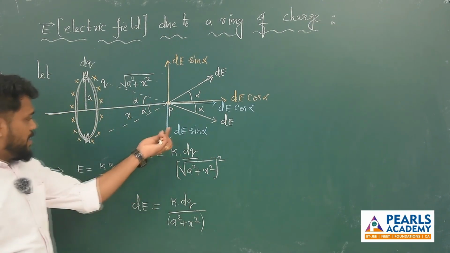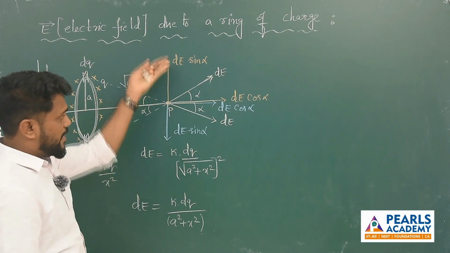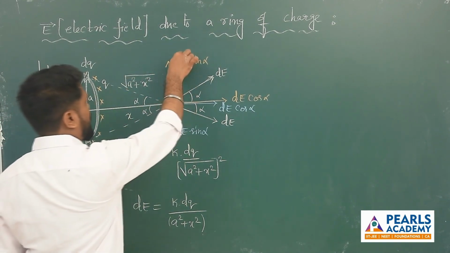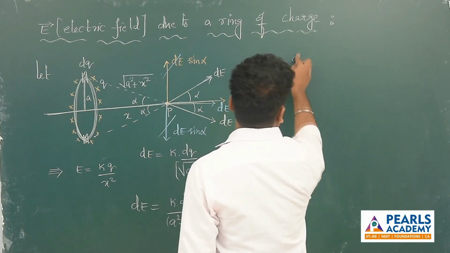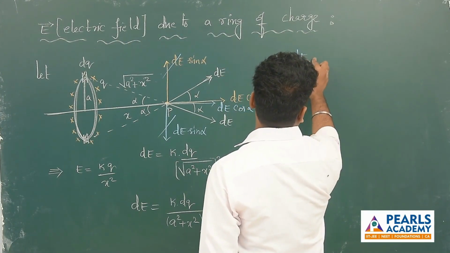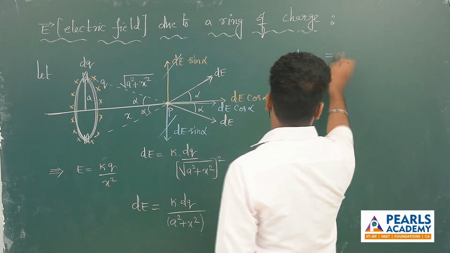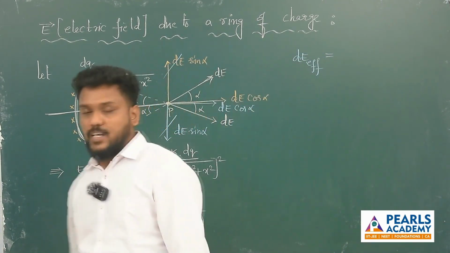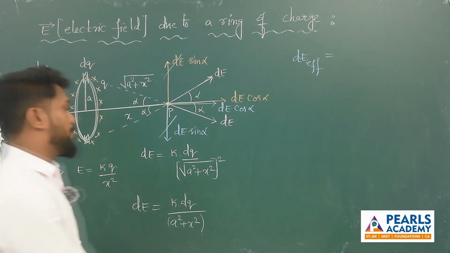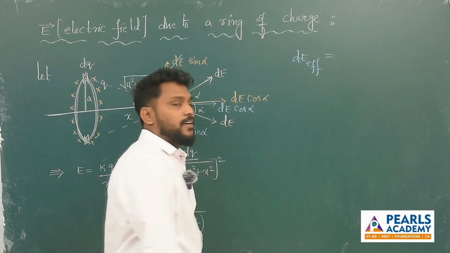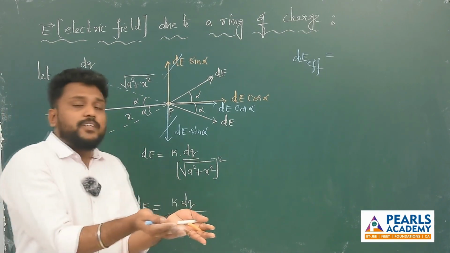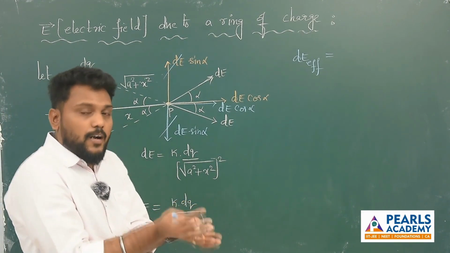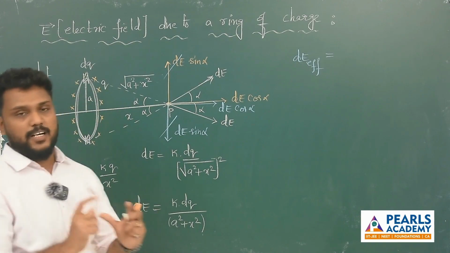As we discussed, the dE magnitude is the same and the direction of the sin components is equal and opposite, so they get cancelled. The effective electric field at point P due to this pair of dq will be dE cos alpha plus dE cos alpha, the sum of the cos components of that particular pair of charges.